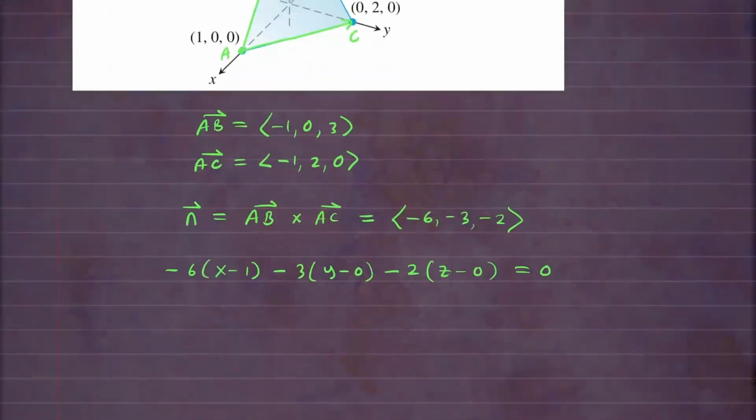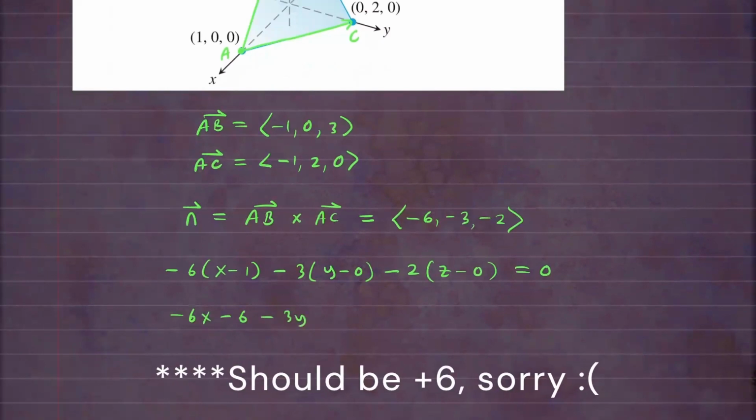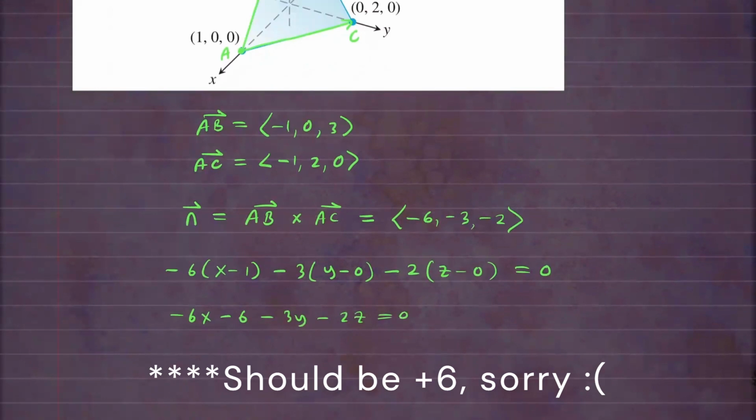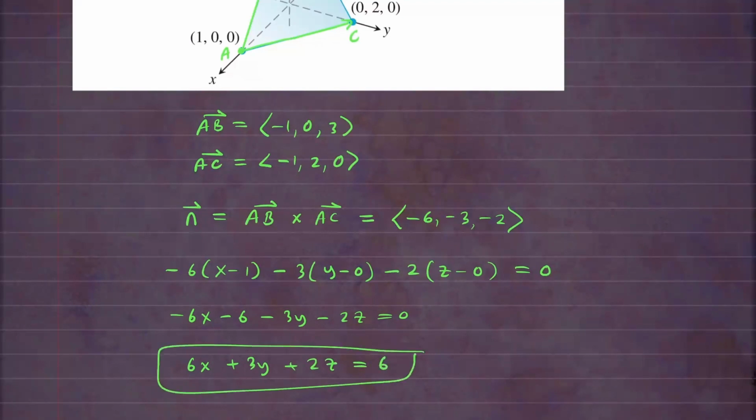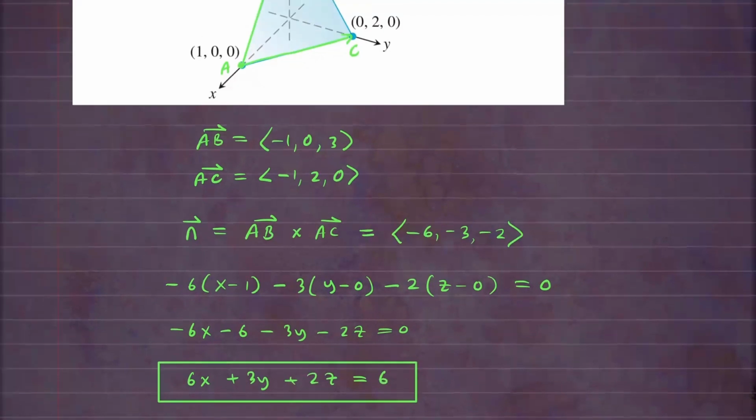If you clear this up, we get -6x minus 6 minus 3y minus 2z equals 0. Let's move everything to one side and multiply by -1. So you're going to get 6x plus 3y plus 2z is equal to 6. That's the equation of this plane that's creating this tetrahedron, bounded by the coordinate planes.